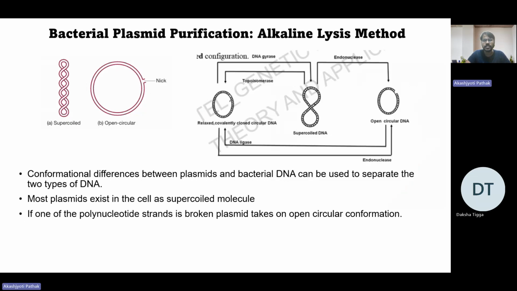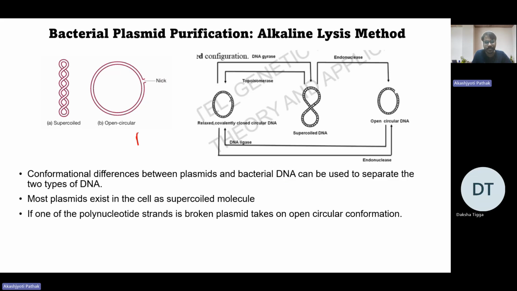Now we will go to the alkaline lysis method. Now you want to purify the plasmid from your bacterial cells. So how is it done? One of the methods is the alkaline lysis method. It follows the principle of the conformation of a plasmid.